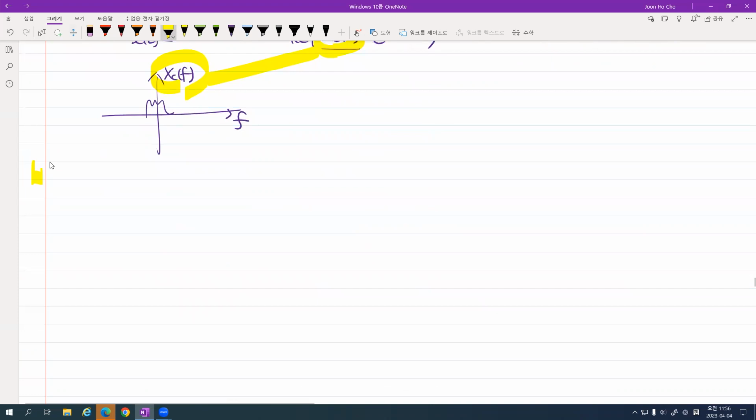So far, I just assumed that there is a signal. But sometimes we have noise. So our signal, let's say y of t, consists of a desired signal x of t plus noise.